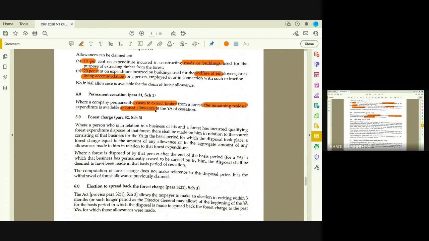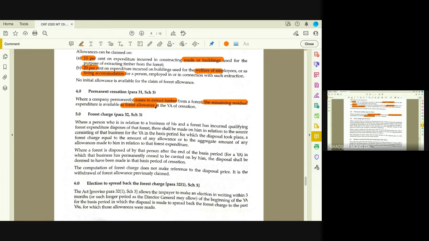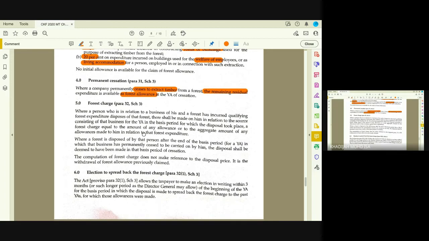For example, if you claimed allowance for 5 years, and then you have another 50% remaining, that 50% will be treated as allowance in the year of cessation. And then you also have a forest charge. Forest charge is your balancing charge.